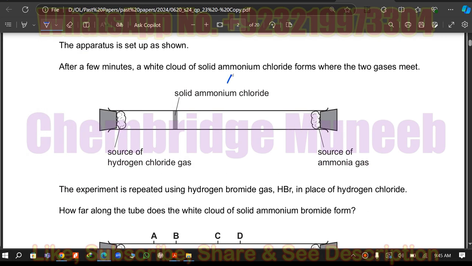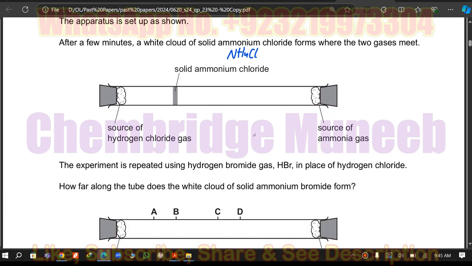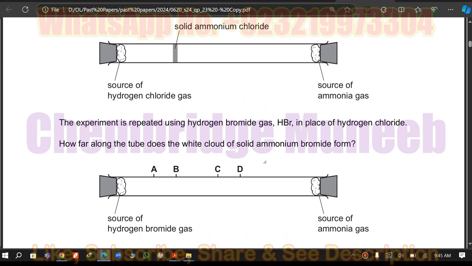Ammonium chloride has the formula NH4Cl. In the second case, the compound formed was ammonium bromide, which has the formula NH4Br. And how is it produced? It is the same as the previous case.